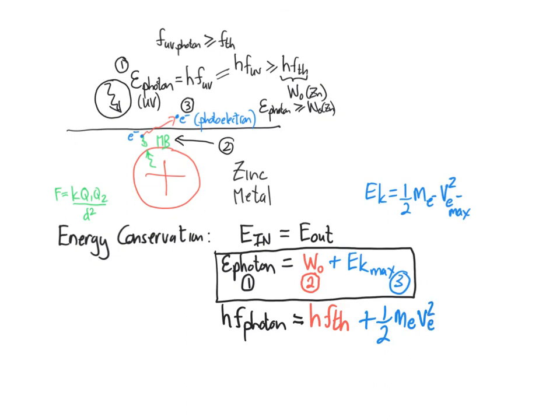And remember that we can only determine the velocities of the electrons with maximum kinetic energy when leaving the surface, so we're going to put a subscript max in there. And we are going to end this video with the equation in this form.